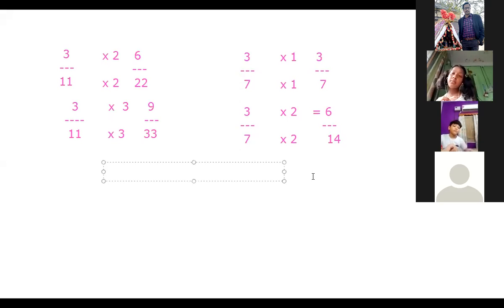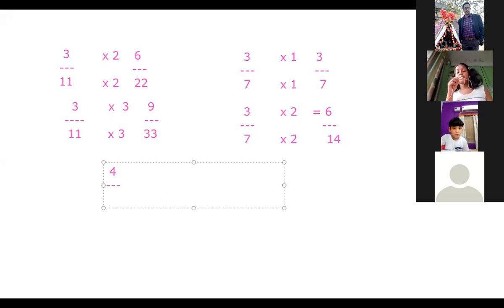Everybody, please watch this carefully. On the left it is written 4 by 7, and on the right hand side there is a box, and below that it is written 14.